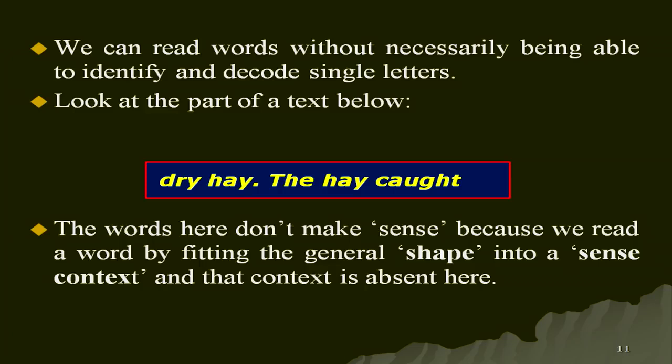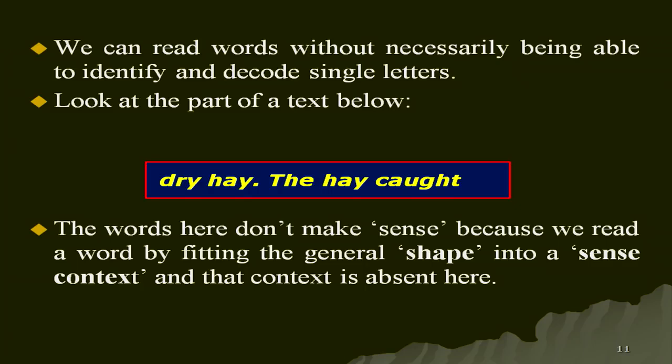You know the meaning of these words, you know why the full stop is there, and we have decoded the letters of these words, D-R-Y, H-A-Y. We have fixed our eyes there, fixation is there, then we jumped from one word to another or one part of the word to another part, but we could not get the meaning. The words here do not make sense. We read this line, but we did not get the meaning.